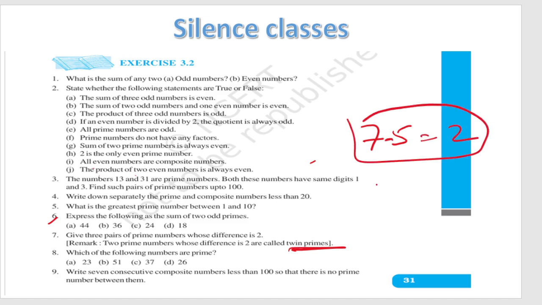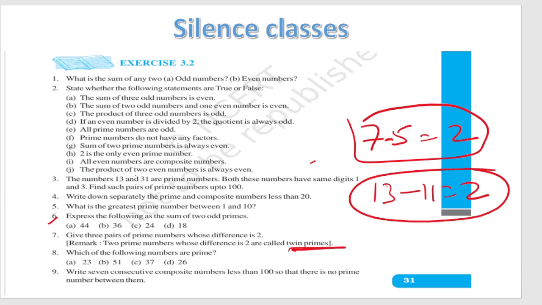Okay, and if I take 11 minus 9, 9 is not a prime number. 13 minus 11 is 2. Okay, and I can say 19 minus 17 is equal to 2.